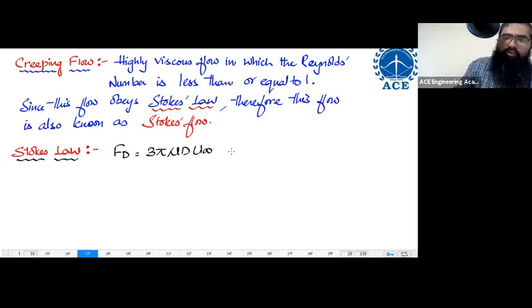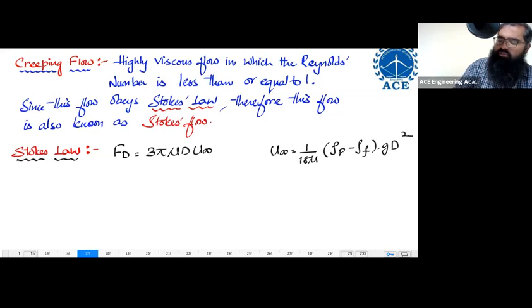From this formula only, you get the concept of settling velocity, equal to 1 by 18 mu, density of particle minus density of fluid, multiplied by g times d square. Settling of impurities in water, all those things. That formula comes from Stokes law only.